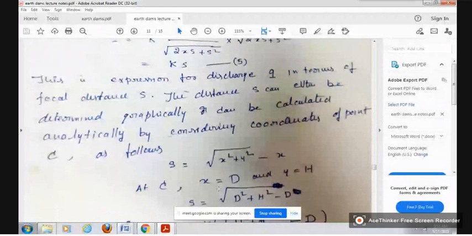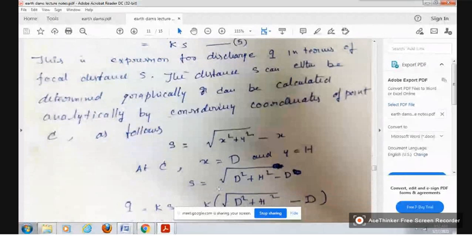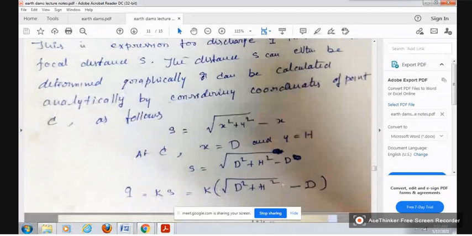Once you draw the top seepage line, you can just take a scale, measure, and find out the S distance. Then S into the coefficient of permeability gives the discharge. Otherwise, we can also calculate S analytically.